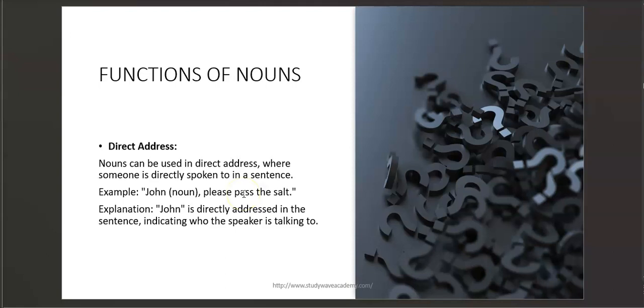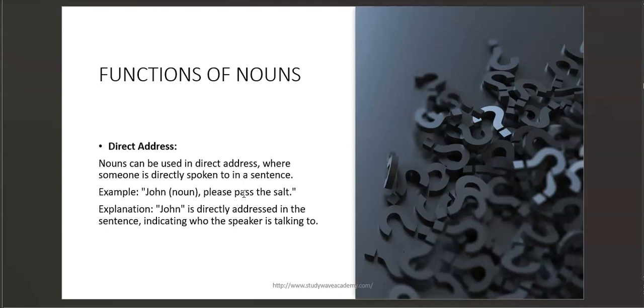John, please pass me the salt. Mary, come here. Helen, do this. Or John, go do this. Here you're just talking directly to someone, and that is another type of sentence. It's like having a conversation with someone. In our example, I've said, John, please pass the salt.